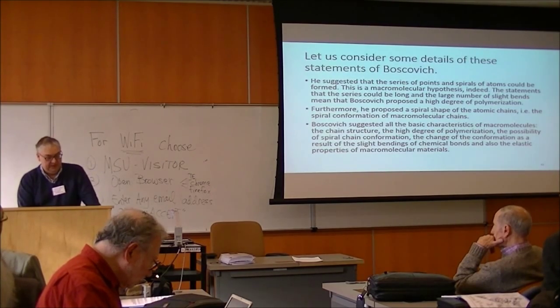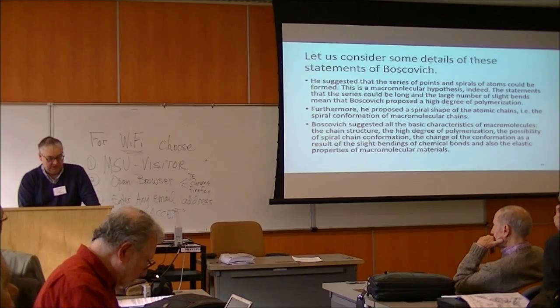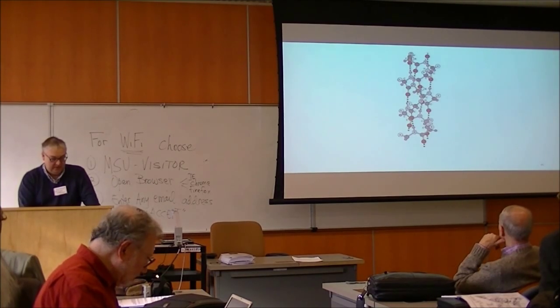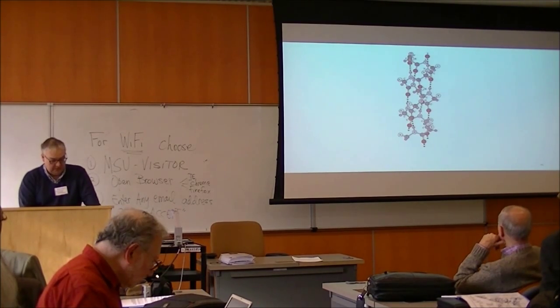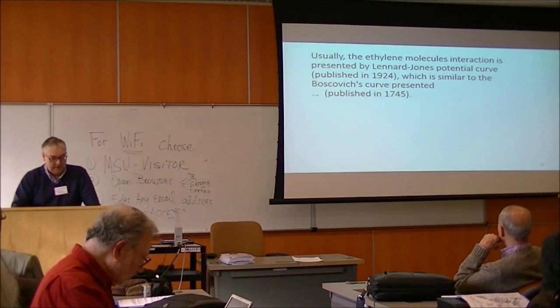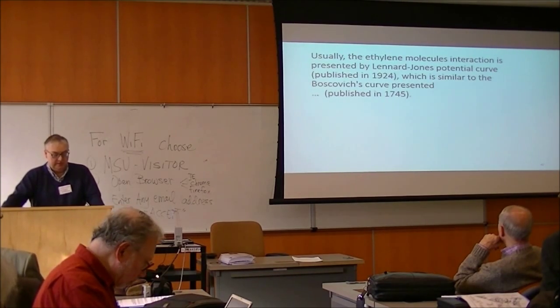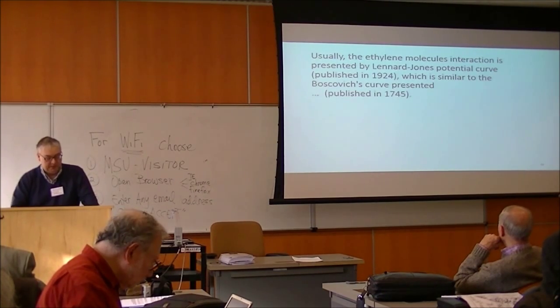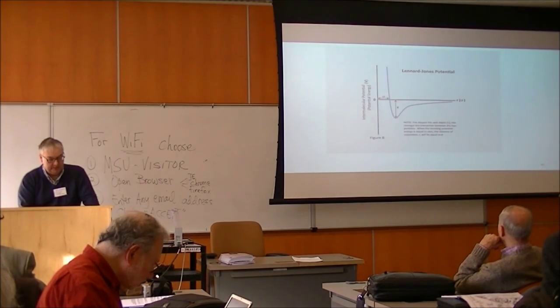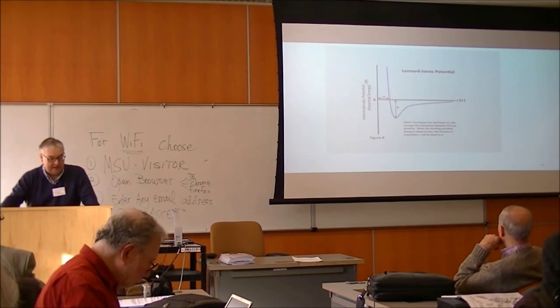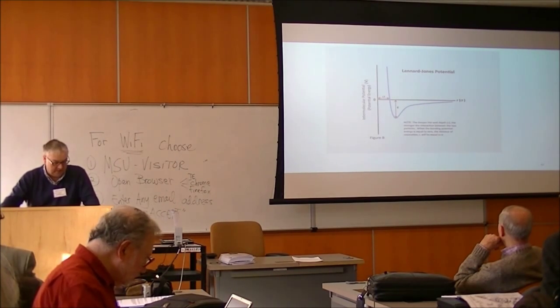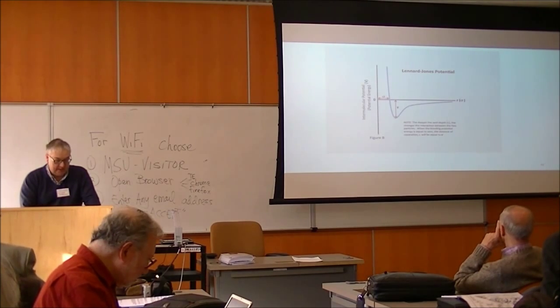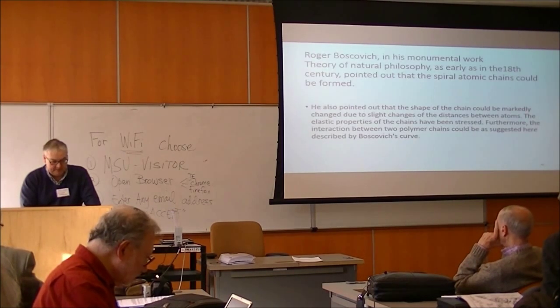And if we consider some details of what Boscovich is saying in his statements, we find that he's talking about this sort of structure, which is the ethylene molecule interaction presented by the Lennard-Jones potential curve. It's similar to what Boscovich's curve is talking about, published 1745. This is the Lennard-Jones potential curve, and that is also related to the curve that Boscovich gave us.